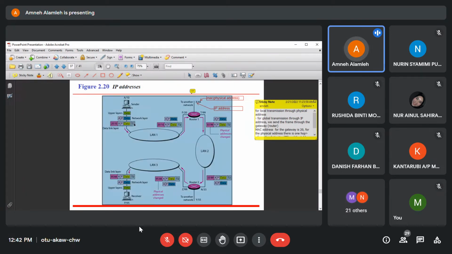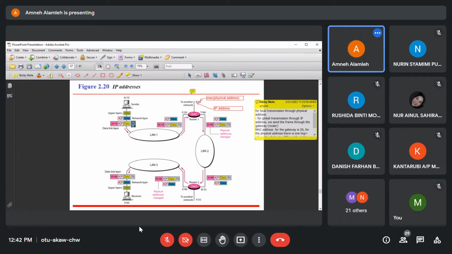What is the mission of the trailer in the frame? The trailer is for checking that the data has not changed. The data which we want to send is the same. In the next hop, the data will be examined through the trailer.